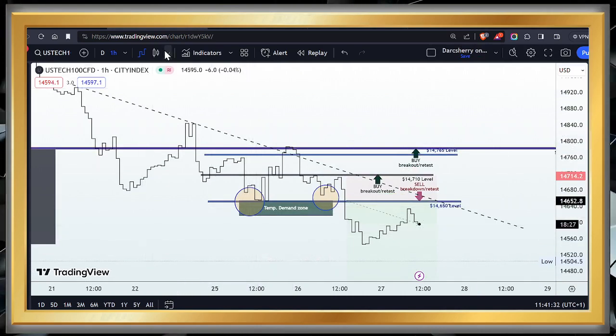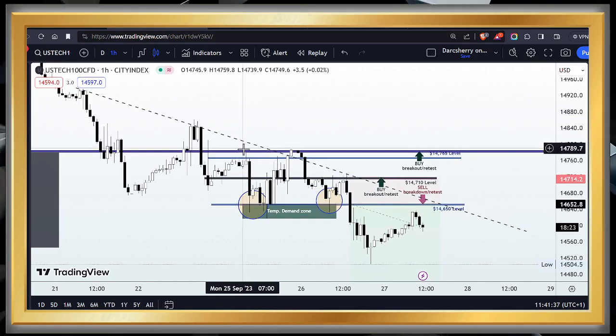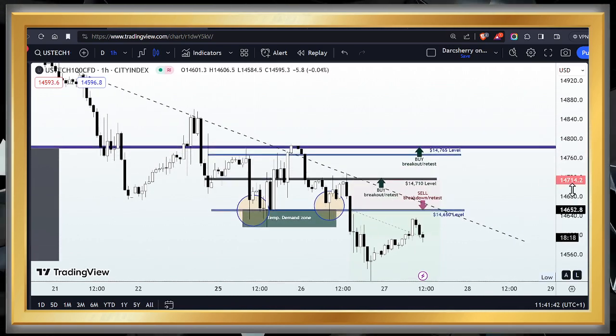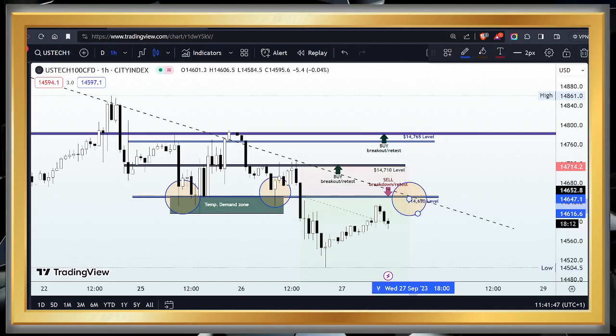As long as price remains below that descending trend line, we shall continue to look out for patterns and structures that support the idea of selling. And interestingly, this descending trend line shares a beautiful confluence with that 14,650, as you will see here.